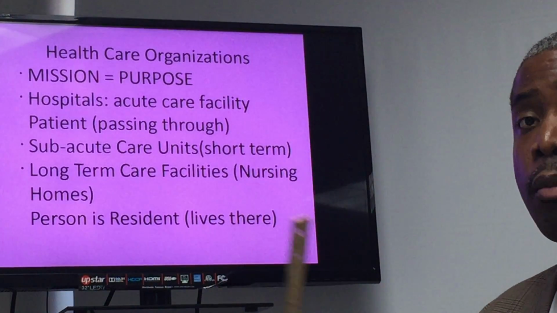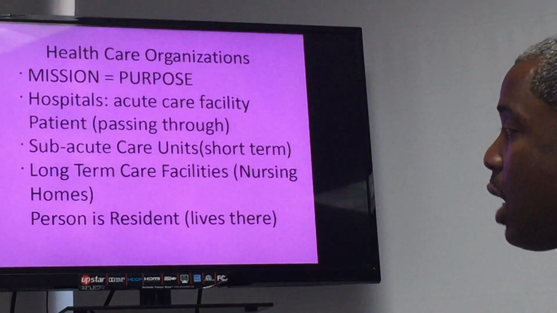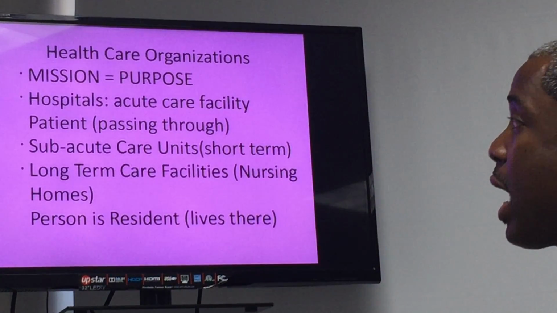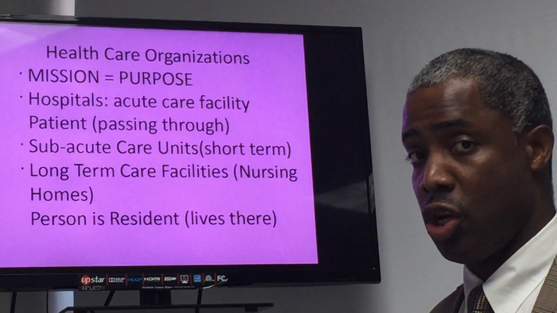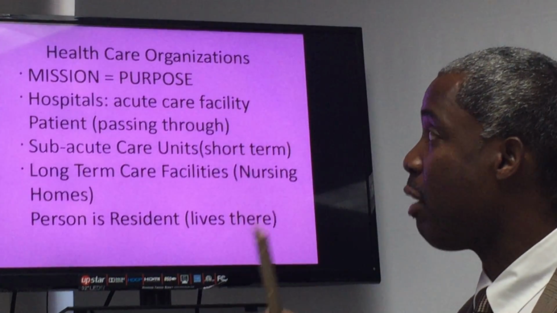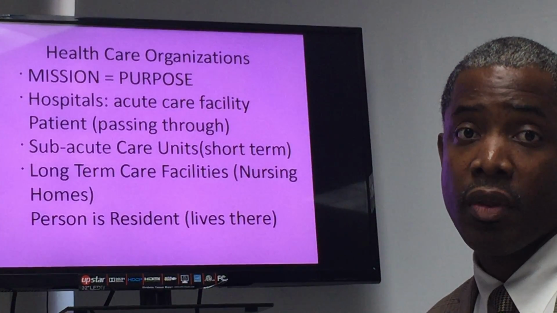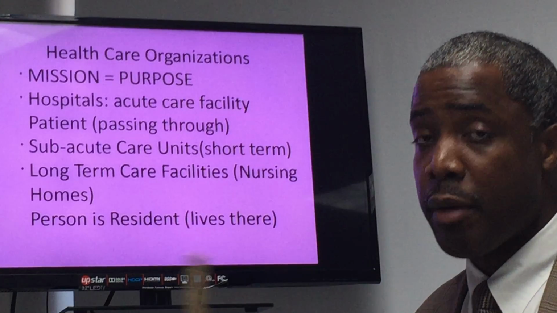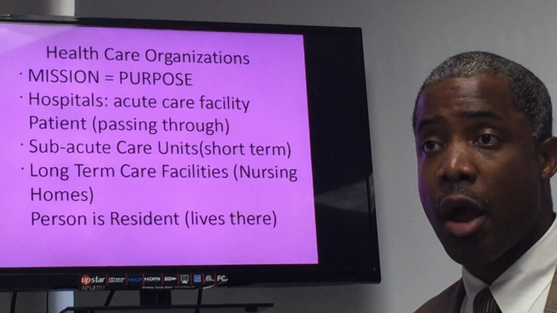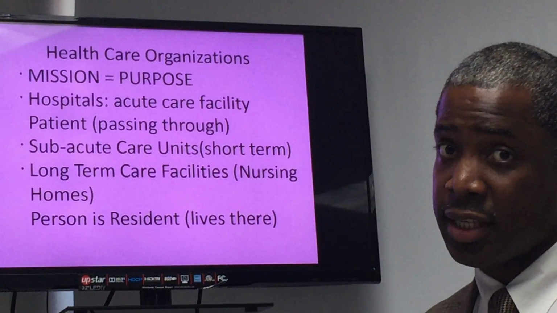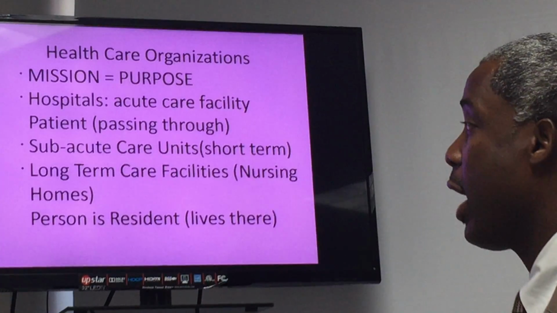They need more care, but they don't really need to be in the hospital. All right? And understand, each type of facility has a different mission. So for example, Children's Hospital, their mission would be to treat children, right? Dana-Farber Cancer Institute, their mission would be to treat cancer, right?